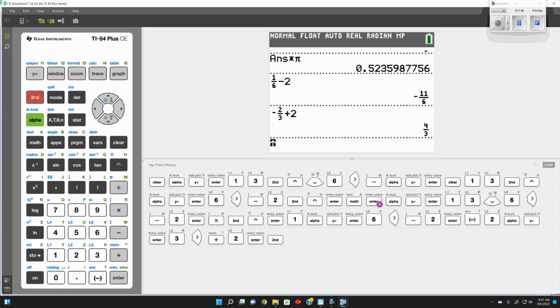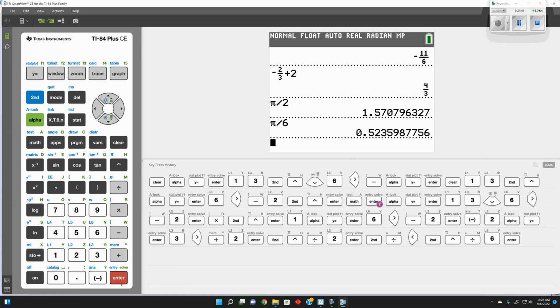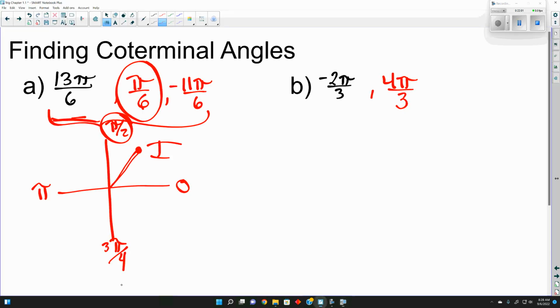Now, pi divided by 2 is this here. Pi divided by 6 is 0.52. It is less than it, so we're going to end up in the first quadrant. Does that make sense? And I mean, we could approximate the decimal and see where it lands, but that would be the first quadrant.